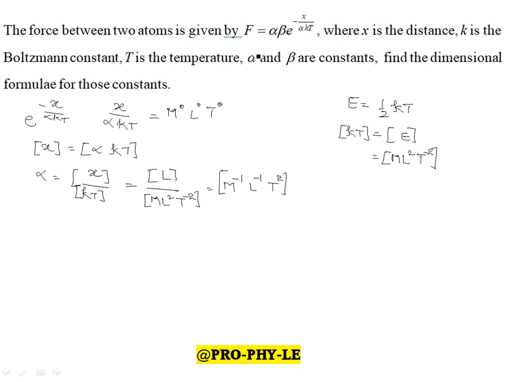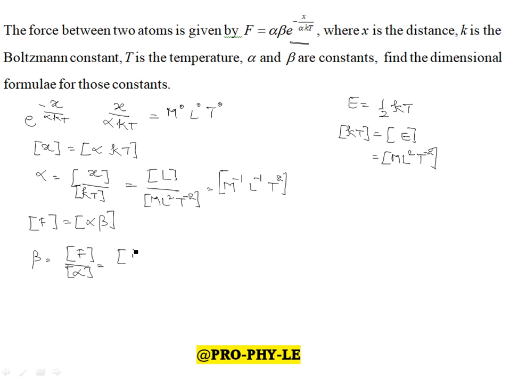Now look at this. This term is in the exponent, which will not have any dimensions. Now F is equal to alpha into beta. So whatever dimensions F will have, alpha into beta must also have the same dimensions. So beta dimensions are nothing but force dimensions by alpha dimensions.